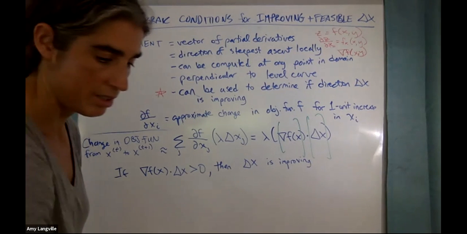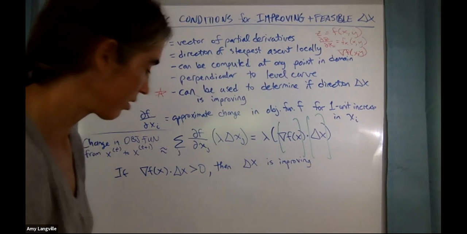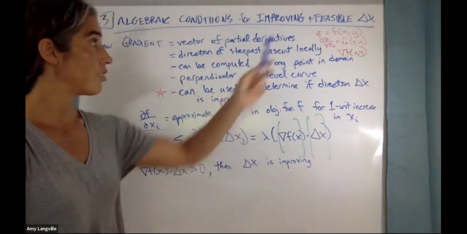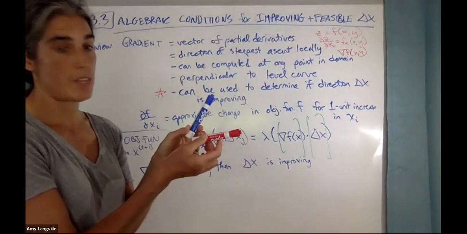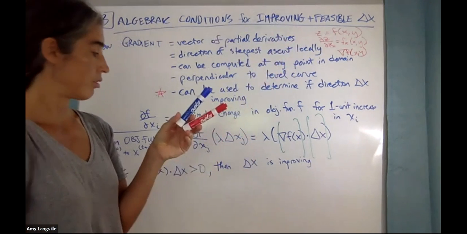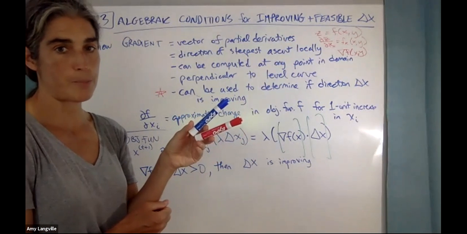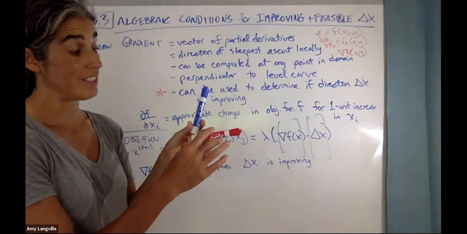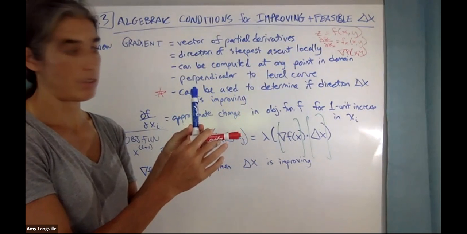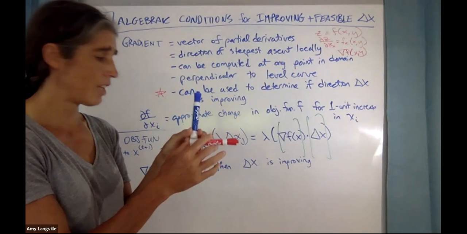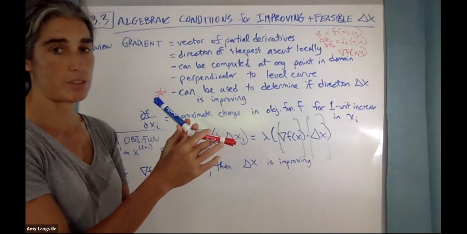Now, why does that make sense? Again, this is reviewing some stuff from calculus. Let's say the gradient is this vector pointing in this direction, and the change vector delta x is this one. If you do a dot product and it's positive, it means they're pointing mostly in the same direction. If your dot product is exactly 0, it means they're perpendicular or orthogonal. When we get into higher dimensional space, we usually use that language. And if they are negative, they're pointing in generally opposite directions.